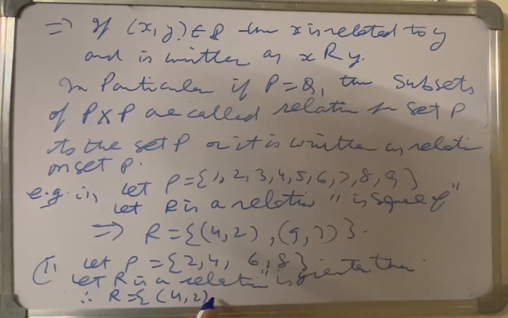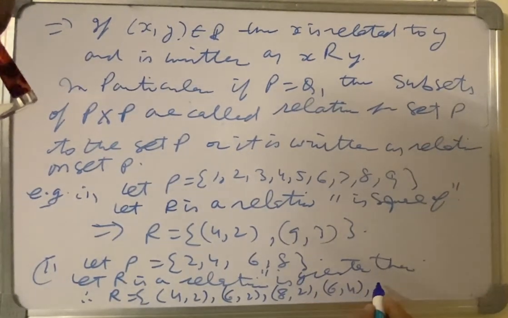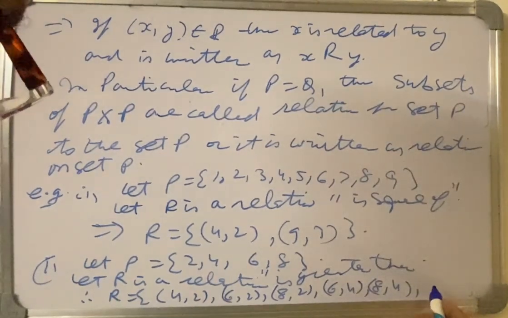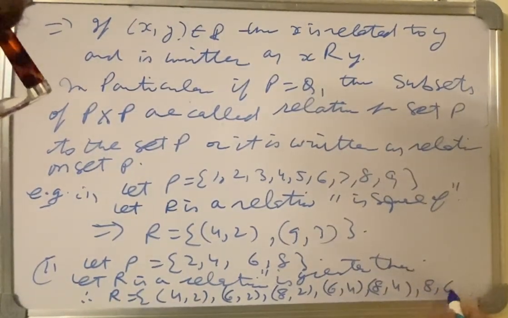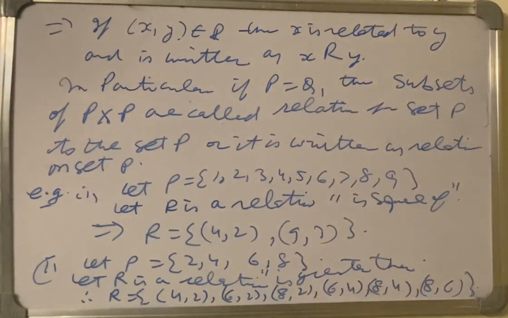Because 4 is greater than 2. Then (6, 2), because 6 is greater than 2. (8, 2), 8 is greater than 2. (6, 4), because 6 is greater than 4. (8, 4), 8 is greater than 4. And (8, 6), because 8 is greater than 6.